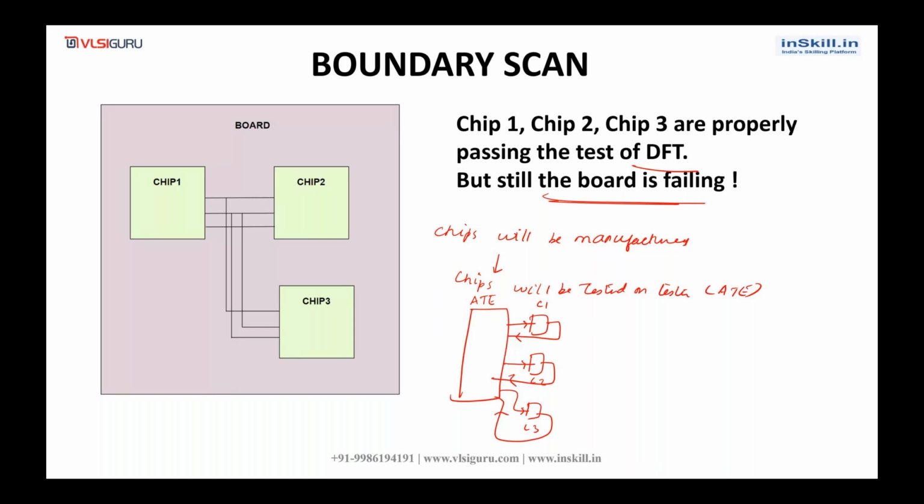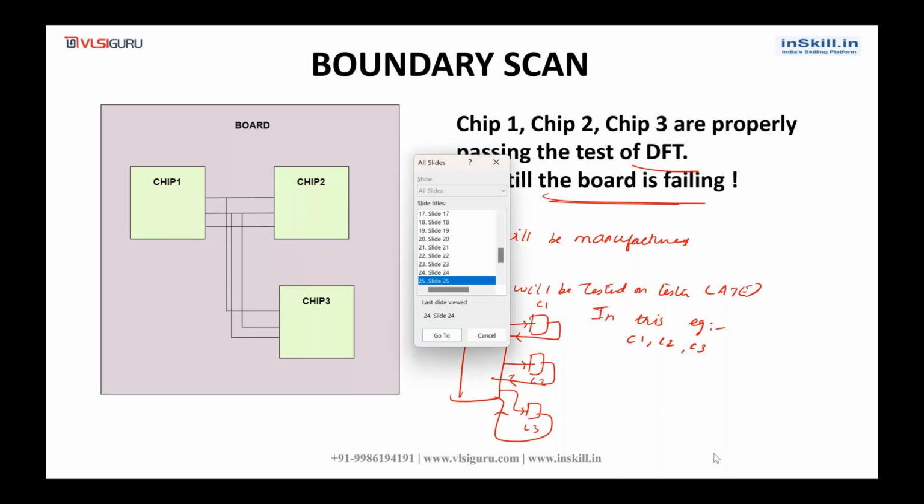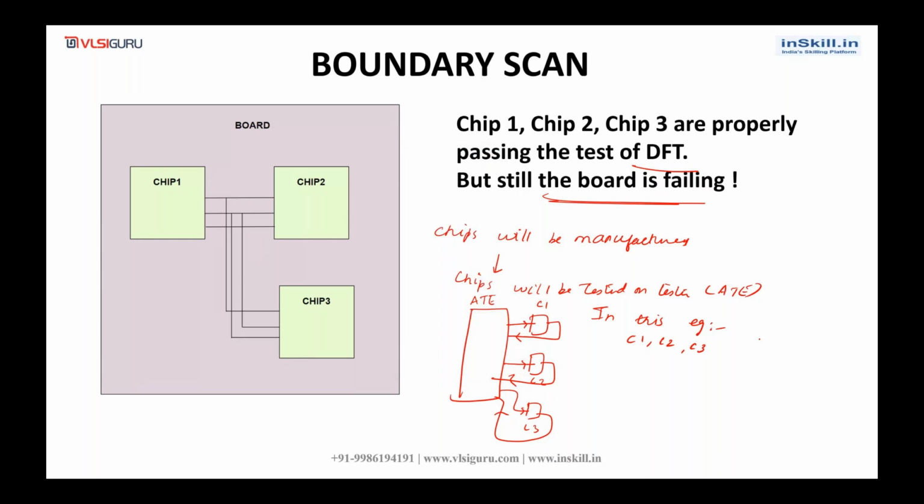So in this example, what is happening? Chip 1, chip 2, chip 3, they have passed their test on ATE.